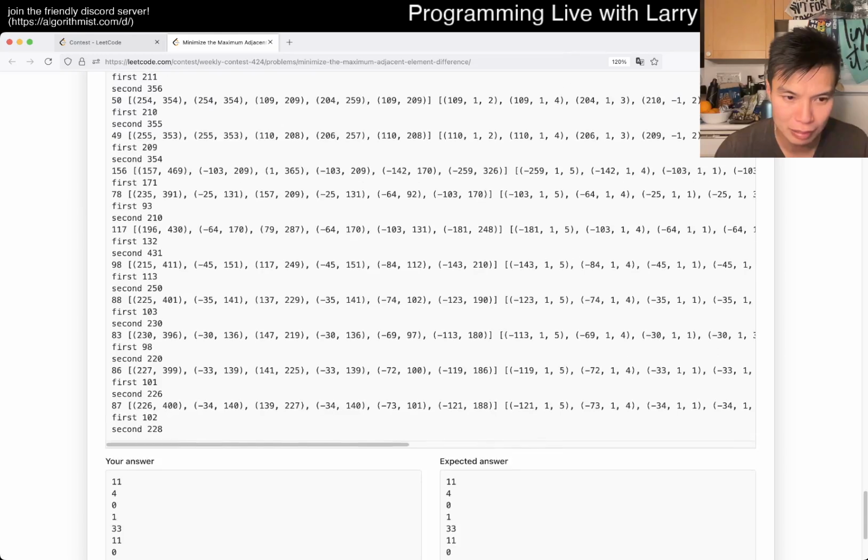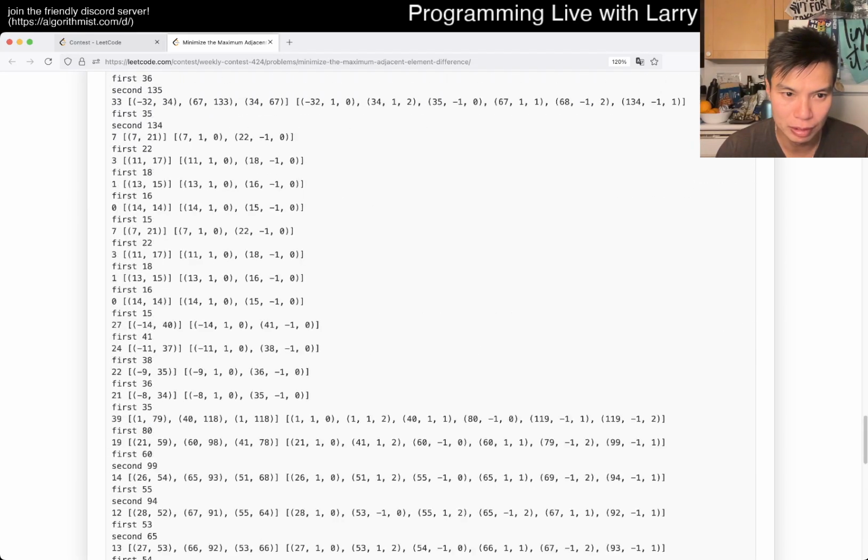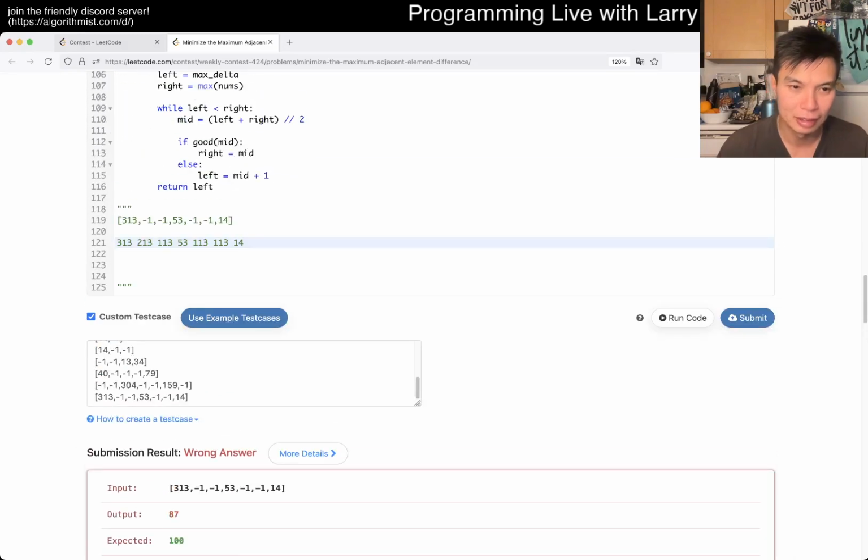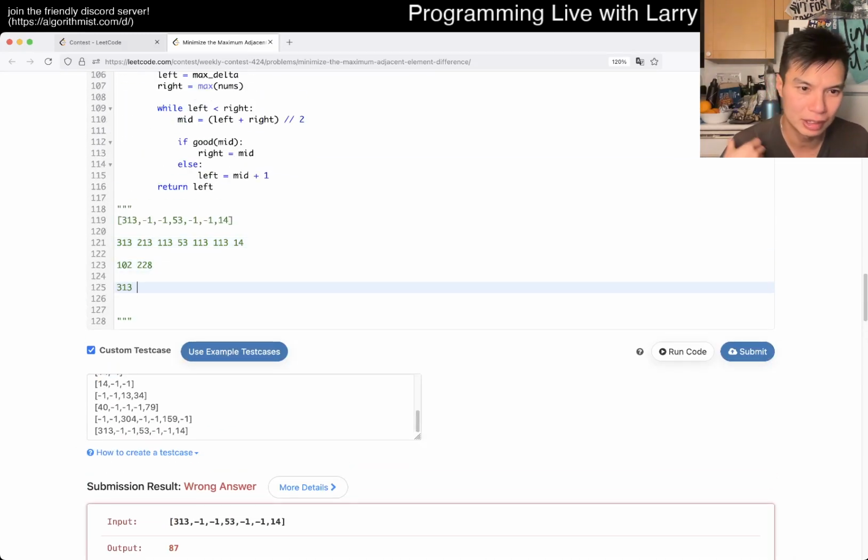Okay, the reason is because it thinks that 102 to 228, right? So then it thinks that the first one's 213, 228, 102, 53. I mean 102 minus 14, 102, 14, right?